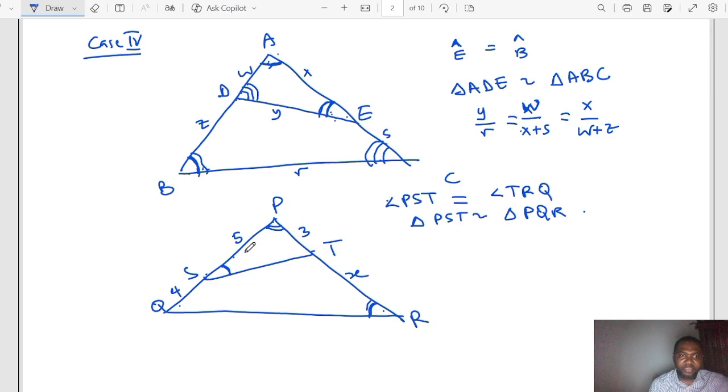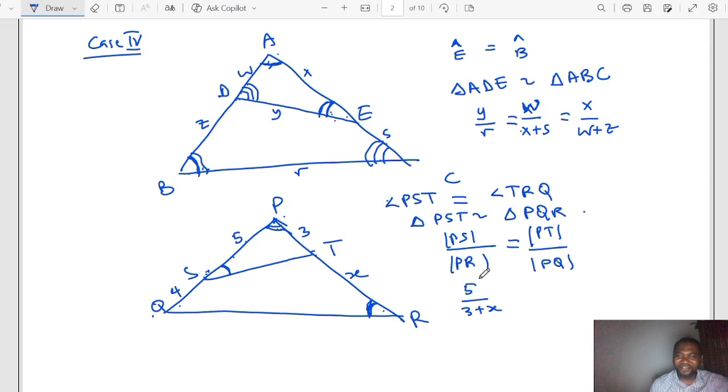And so you are going to have that side PS for the small triangle is similar to PR, for the bigger triangle, is equal to this other one now, which is PT. PT will be similar to the other bigger side here, which is PQ. So PS here is 5 over, it will be similar to this other side, 3 plus X.